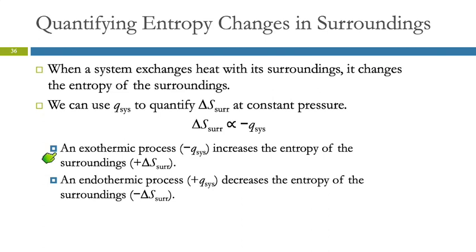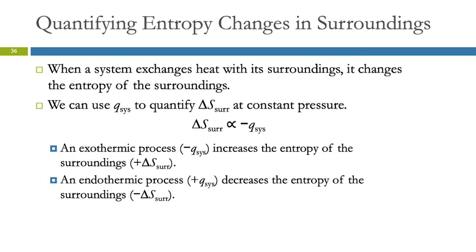So if we have an exothermic process where Q-sys is negative, and this is always very confusing for students, it's proportional to negative Q-sys. That does not mean that Q-sys is negative. It means it's proportional to the opposite in sign of whatever Q-sys is, -1 times.